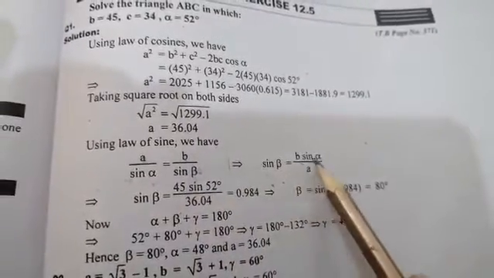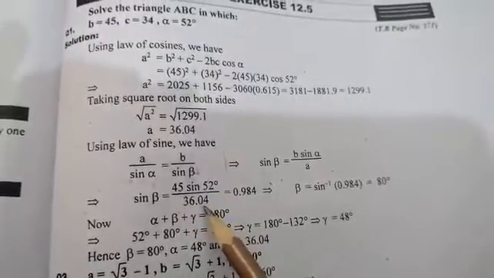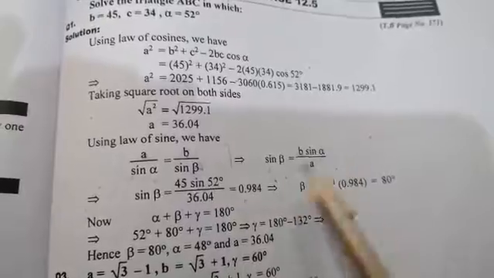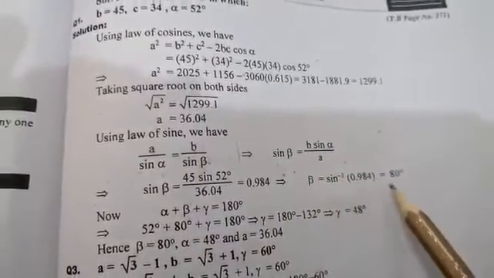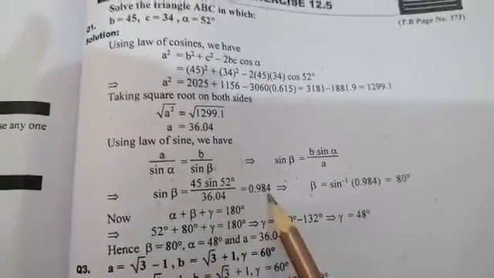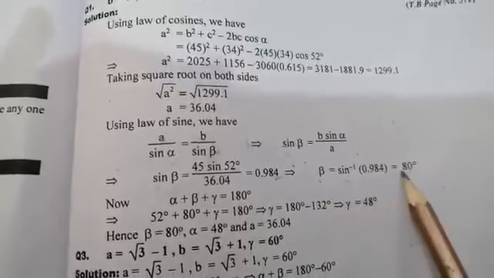By cross multiplication, we can write sine beta is equal to b into sine alpha over a. After putting the values of side b, side a and angle alpha, we get sine beta equal to 0.984 and beta is equal to sine inverse. We take this sine from the left hand side to the right hand side and it converts to sine inverse.